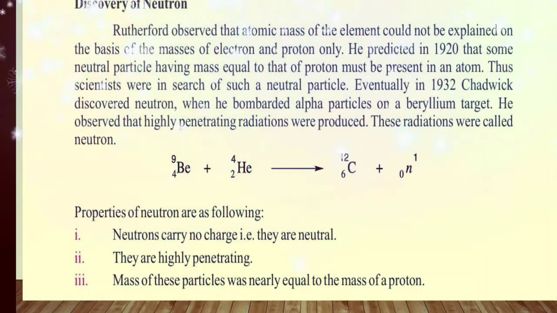When he hit it with helium alpha particles, which have the charge and mass of helium nuclei, he observed that by absorbing these rays it will change into carbon having atomic number 6 and mass 12, and it releases 1 neutron.